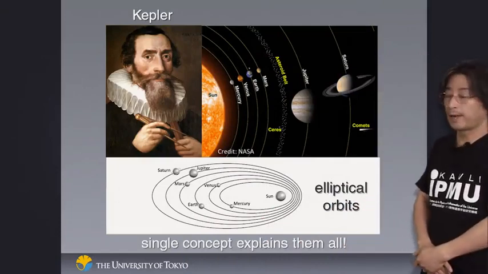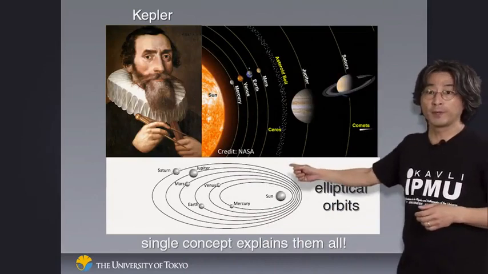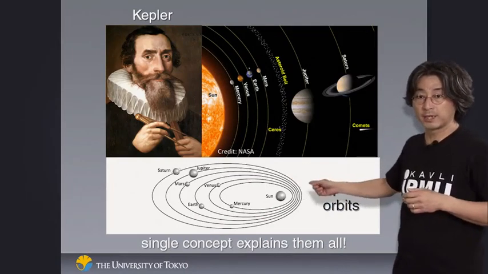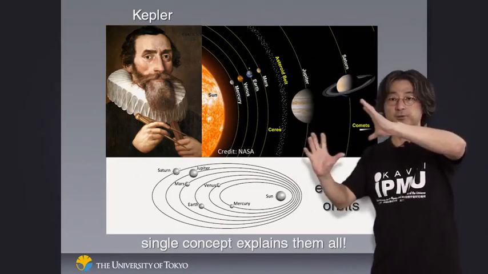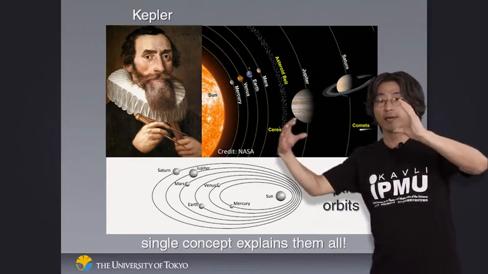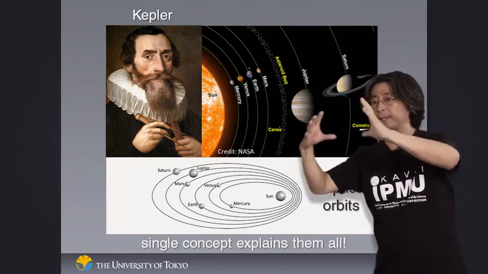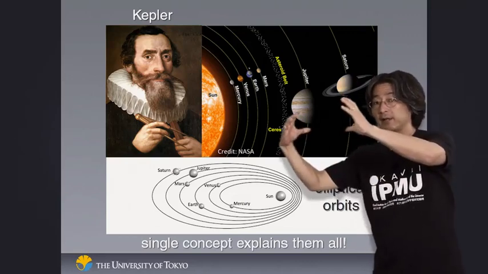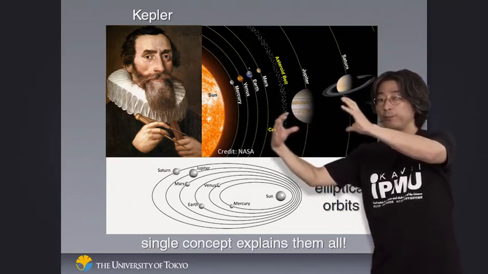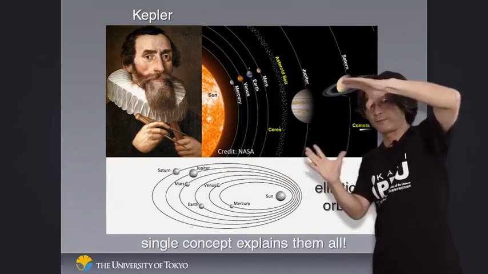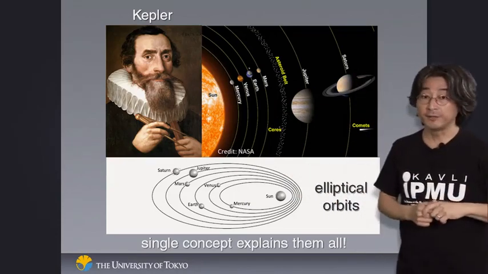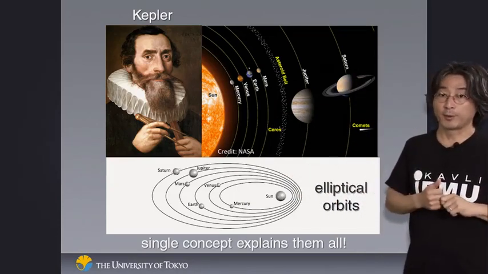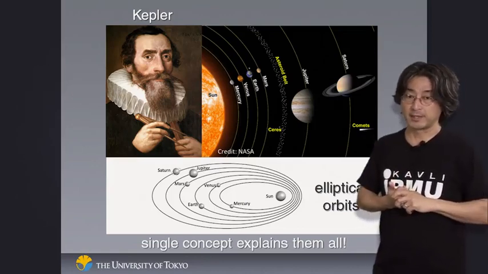Kepler pointed out that the orbits of the planets around the sun are not complete circles. They are elongated ellipses, not by a lot, but a little bit. And because the data were getting so precise, this little elongation of the orbits in these ellipses instead of complete circles made a difference, and then everything agreed with the observations in the end.